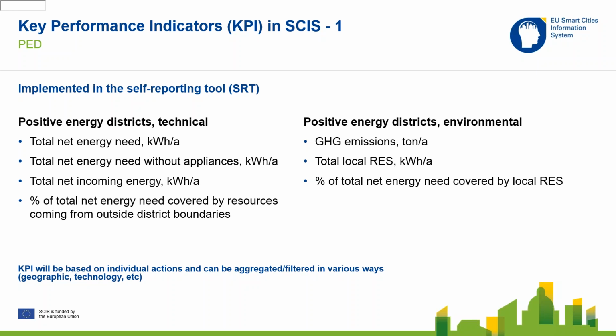On the environmental side, which is a category that was already existing, this technical, environmental, economic, and social KPI, we have greenhouse gas emissions in tons per annum, the local renewable energy generation, and the percentage of the total net energy covered by these local renewable energy sources.